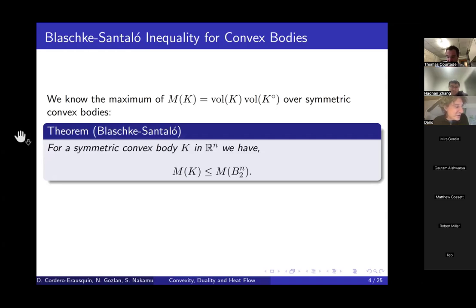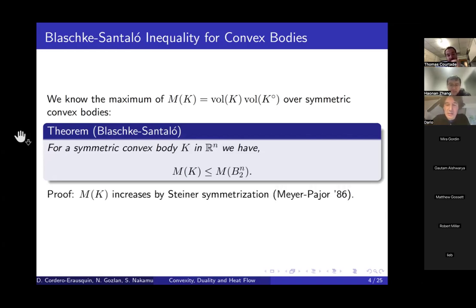There is some differential geometry, but really somehow the modern proof appeared in the 80s, first by Jean Saint-Raymond, and then there is a general result by Mathieu Meyer and Alain Pajor, who had this very nice observation that the volume product increases by Steiner symmetrization. And so, of course, if you perform a sequence of Steiner symmetrizations, you will arrive somehow to the Euclidean ball.